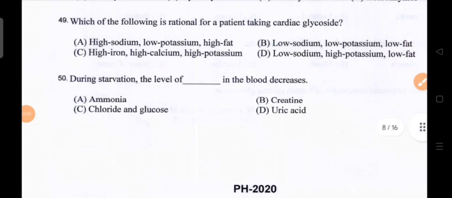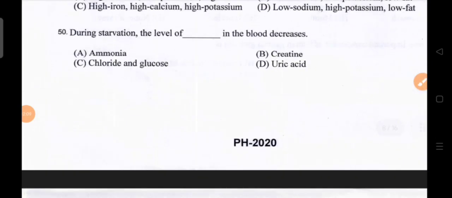Next, coming towards question number 50. During starvation, the level of what in the blood decreases? During starvation means during hungry period, what will decrease in our blood? Options are ammonia, chloride and glucose, creatine and uric acid.